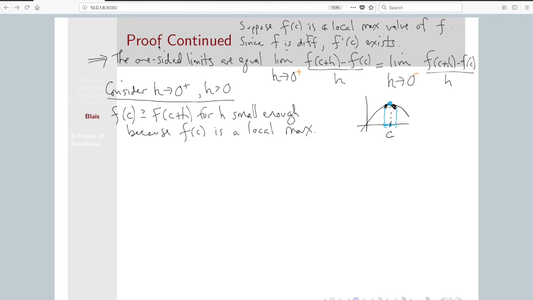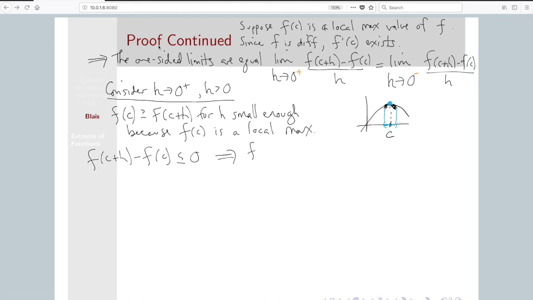Well, take this, subtract f of c from both sides. That tells us f of c plus h minus f of c is less than or equal to 0, right? Bringing this f of c over, you get 0 is greater than or equal to f of c plus h minus f of c. Well, h is greater than 0. That's what we're focusing on, the right-hand limit.